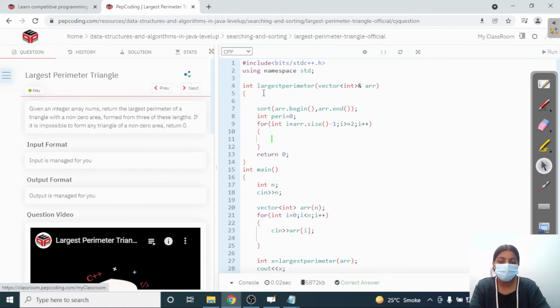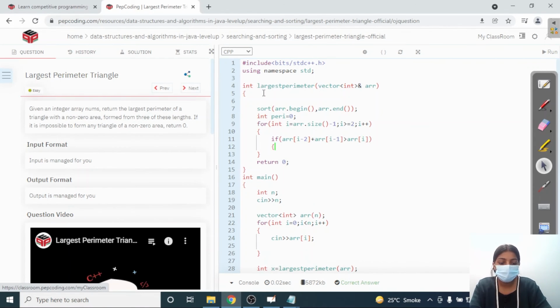And what am I going to do here? I will check if these three sides form a triangle or not. That is, arr of i minus 2 plus arr of i minus 1, the sum of these two sides, should be greater than my third side, that is arr of i.